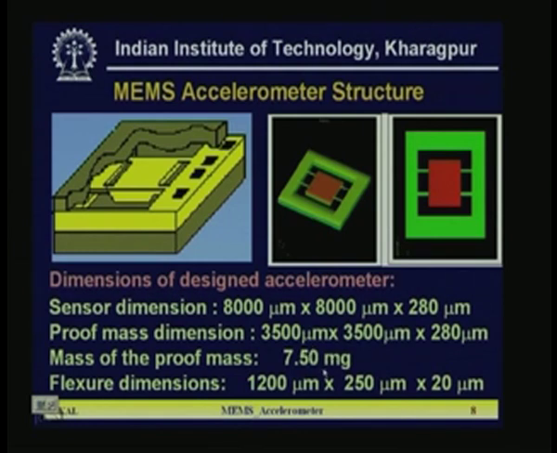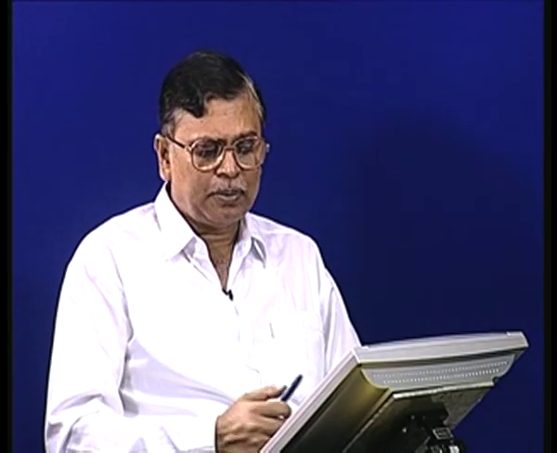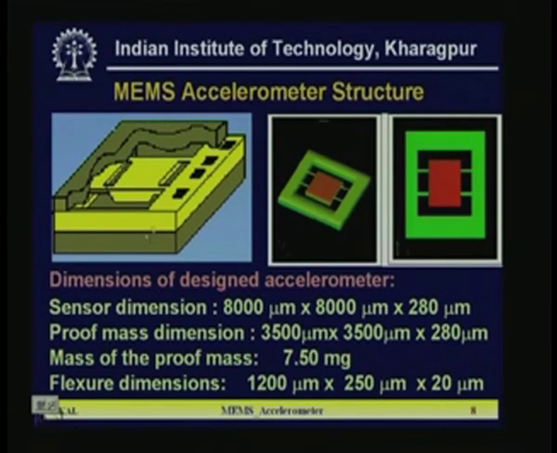Now if you want to make this weight more and more, the sensitivity will be higher and higher. So the total sensitivity depends on two prime factors. One factor is the mass of the probe mass, the other is the thickness of the flexure. The thickness of the flexure here we assume 20 micron, but if you go below that, the problem is the handling of the wafers, because after making the center sensing element, the top and bottom glass wafers or silicon wafers have to be substrate bonded.